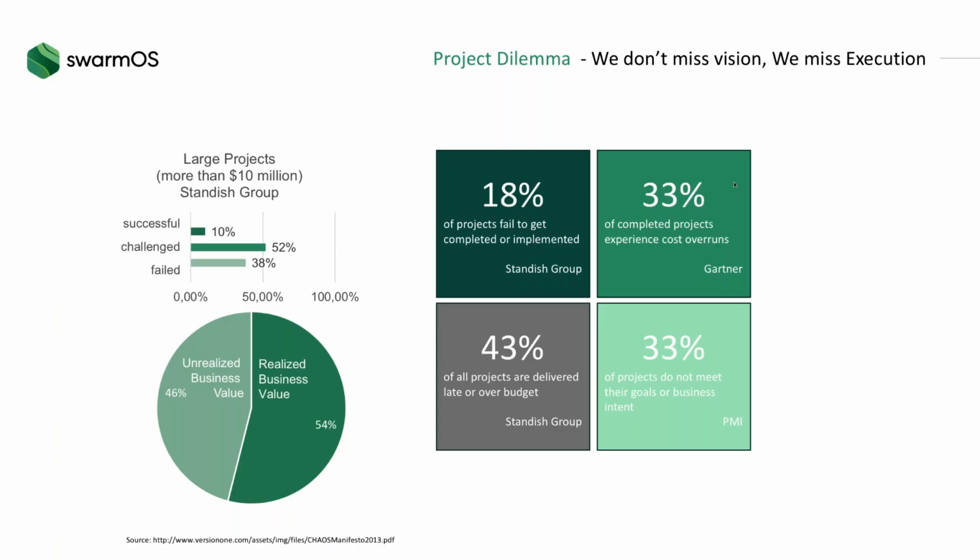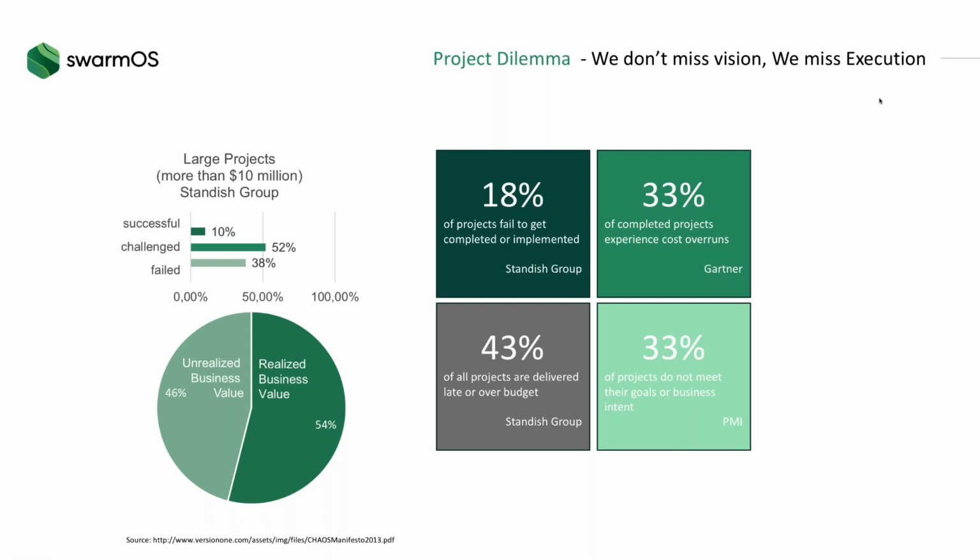If we look into business projects as such, according to different studies, here are quite some studies from Version One, that business projects fail. We do know that roughly 50% of business projects do not deliver the original proposed business value.